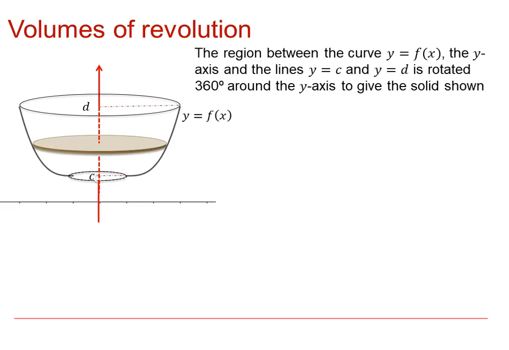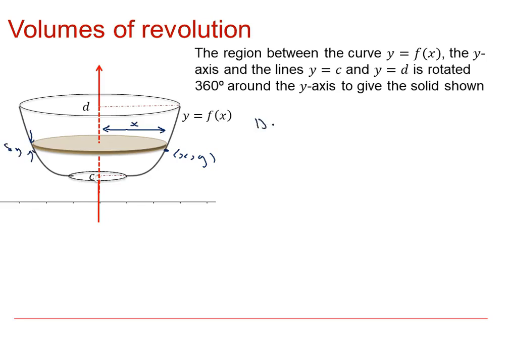So again we consider a thin disk. If we annotate the diagram and think of a point on our curve which is (x, y), the radius of this disk is x, and the thickness of this thin disk would be delta y.